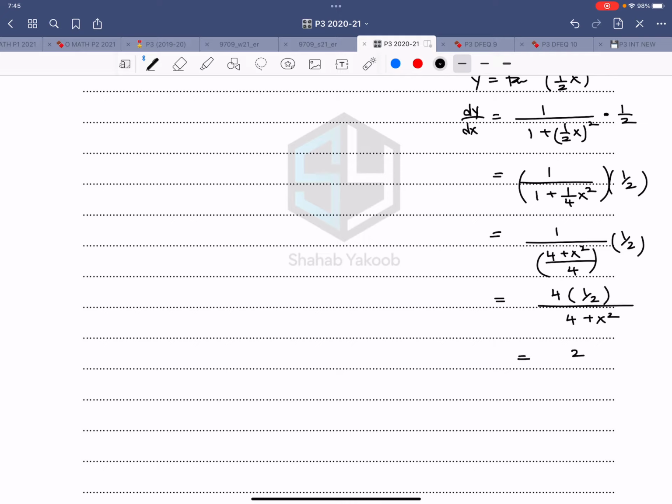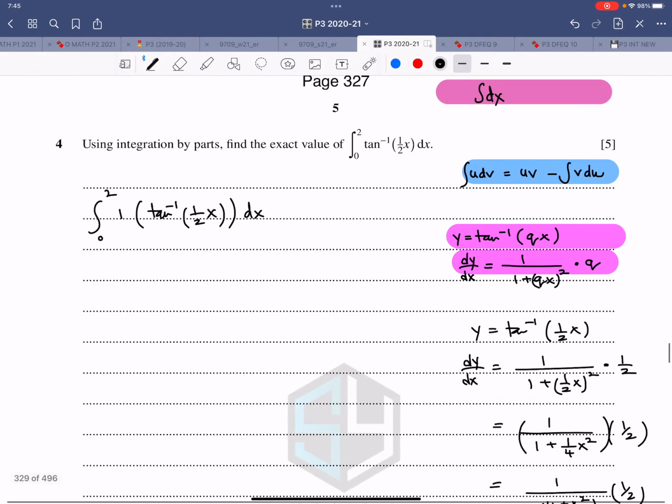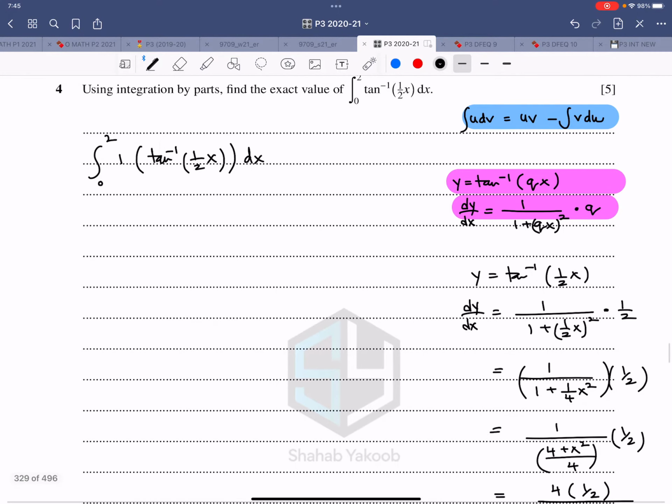So this looks neat and clean when I've done this on this side. Now let's start with integration by parts. When we start with integration by parts, we have u, dv, u prime, v, and then we will follow the arrows. So u is equal to tan inverse half x, because we know how to differentiate it, we don't know how to integrate it, and dv is equal to 1 dx.